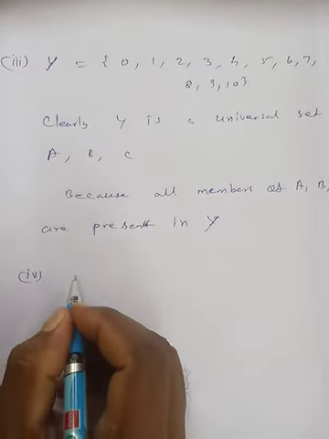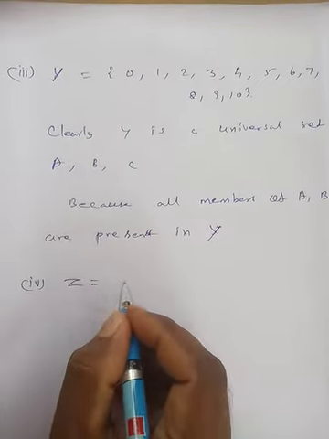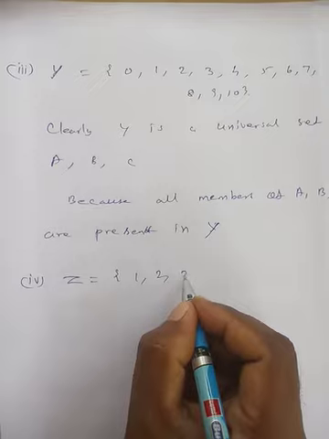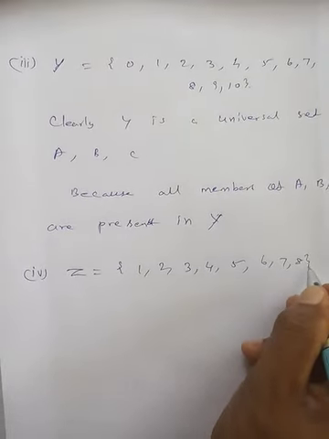Fourth set is Z. Z equal to 1, 2, 3, 4, 5, 6, 7 and 8.